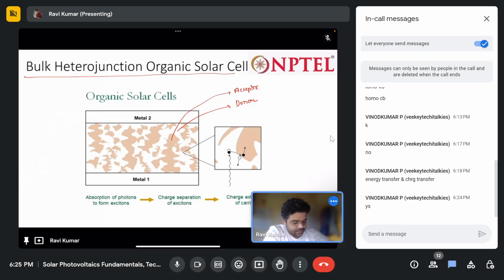Let's see one picture here. These are the charge carriers being generated, and because the acceptor and donor are close to each other, it is simple to collect charge carriers, because they do not need to move large distances. So we are minimizing the recombinations due to low diffusion length.